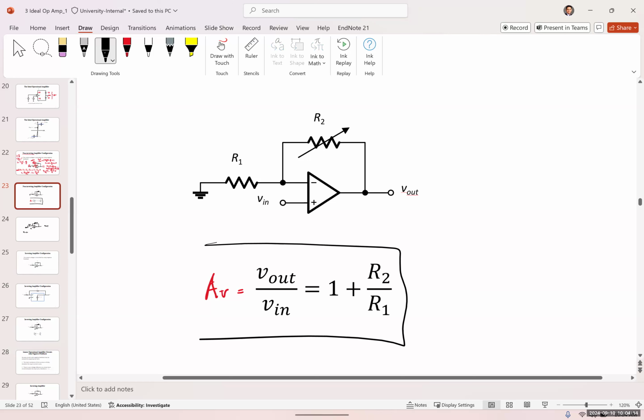So what is the answer? Did anyone find the answer? 3.4. Yes, perfect.